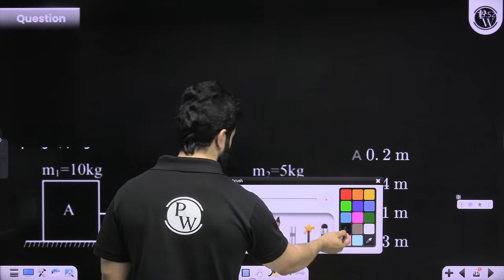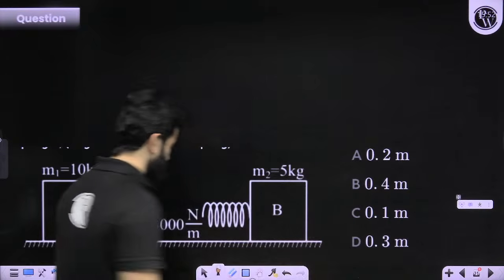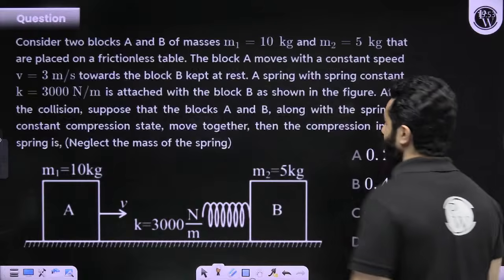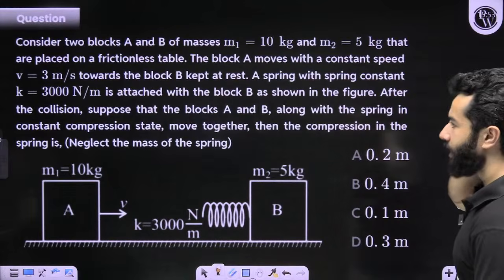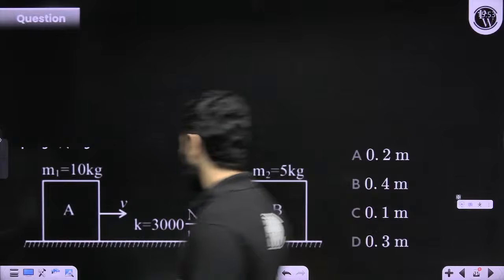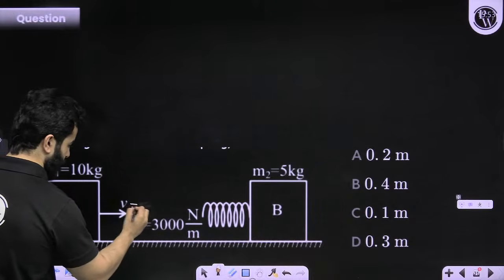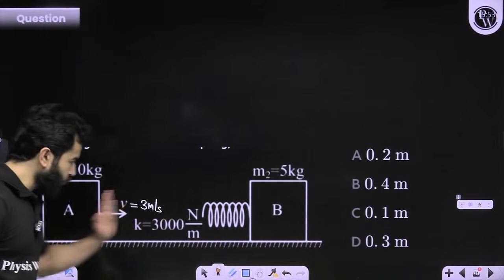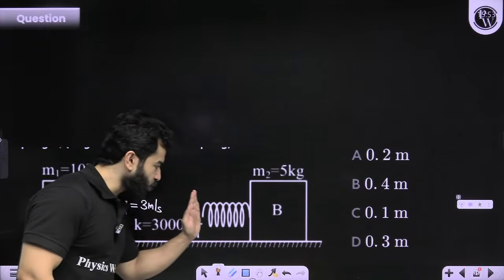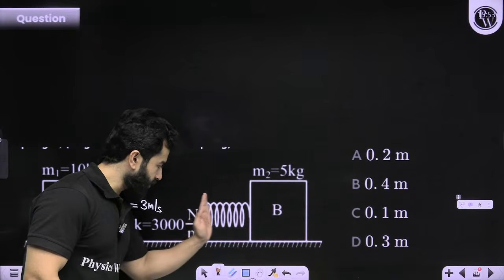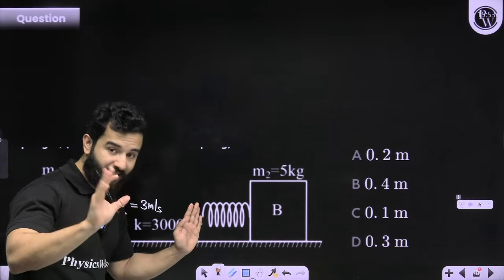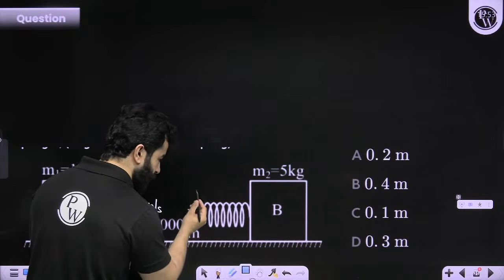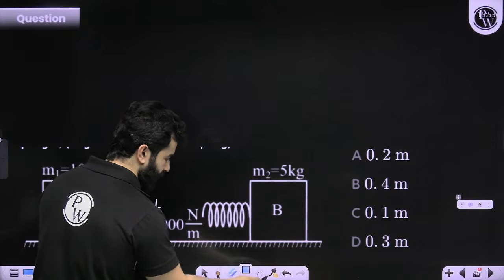First of all, please see that it is moving with some velocity v, and that velocity is 3 meter per second. It will start to compress this spring. Now please understand what's going to happen.